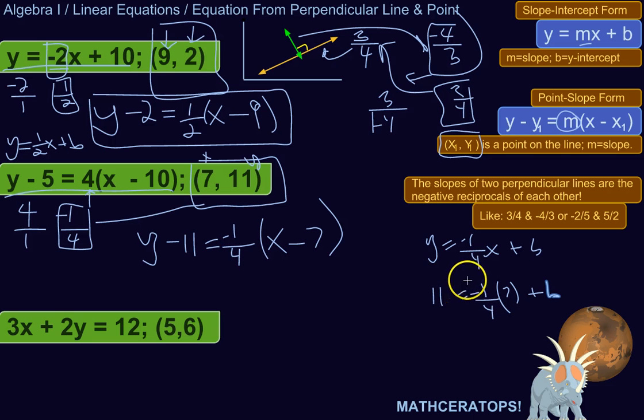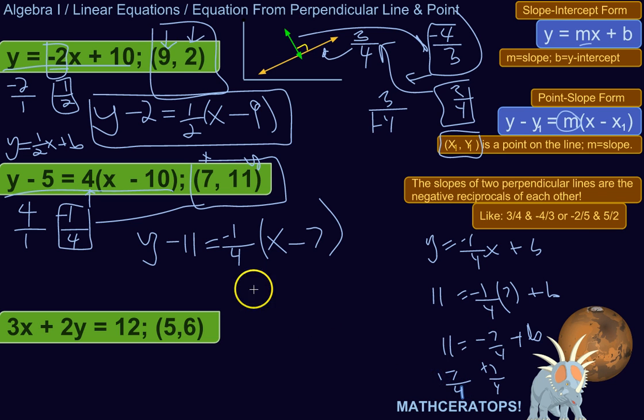Now I'm regretting deciding to do this in slope intercept, but that happens. So we need to solve for b. Negative 1/4 times 7 is negative 7/4, so 11 equals negative 7/4 plus b. I want to get b by itself, so I add 7/4 to both sides.